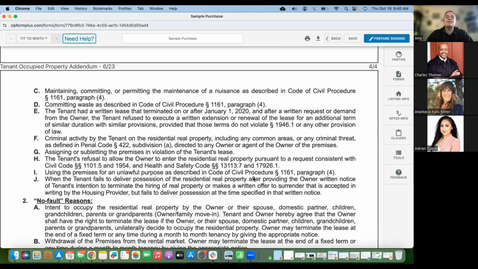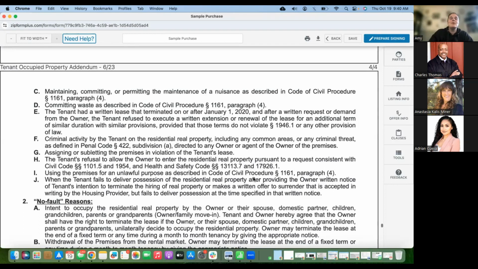the premises in violation of the tenant's lease; the tenant's refusal to allow the owner to enter the residential real property pursuant to a request consistent with Civil Code 1101.5 and 1954 and the Health and Safety Code 13113.7 and 17926.1; using the premises for an unlawful purpose as described in Code of Civil Procedure 1161, paragraph 4; or when the tenant fails to deliver possession of the residential real property after providing the owner written notice of the tenant's intent to terminate the hiring of real property, or makes a written offer to surrender that is accepted in writing by the housing provider, but fails to deliver possession at the time specified in that written notice.